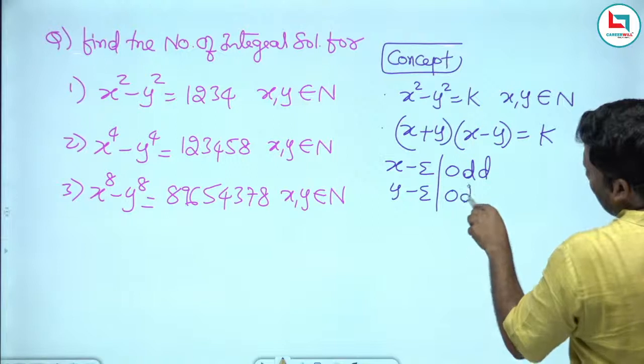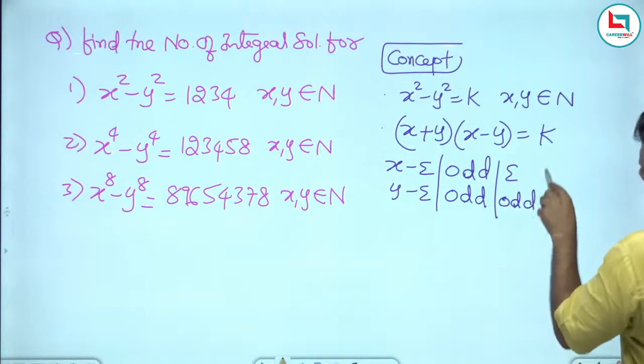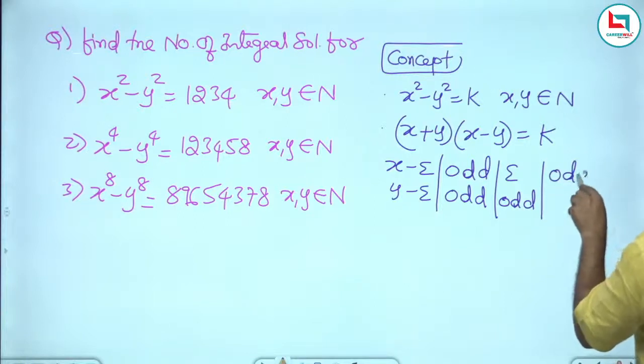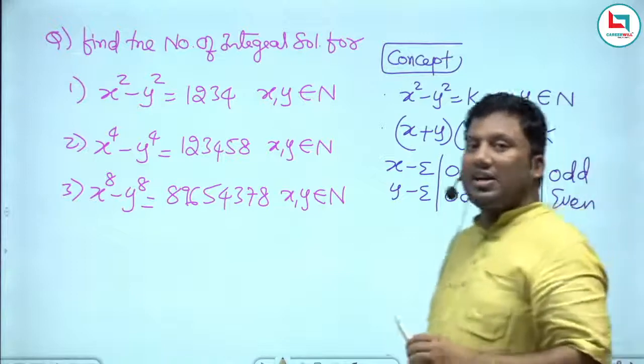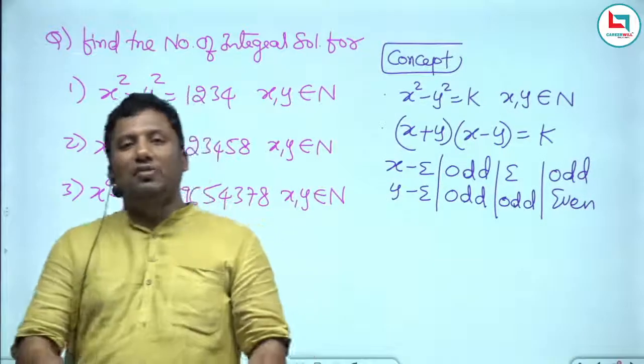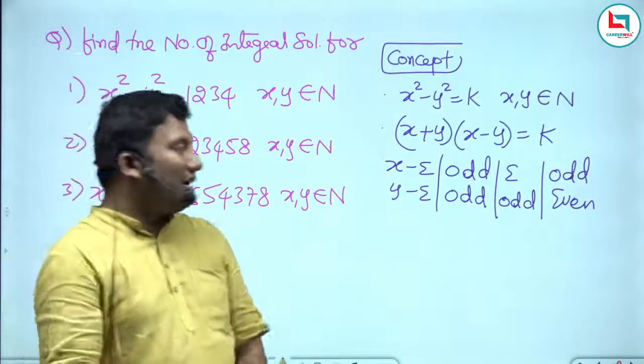Listen carefully, sir. x can be even, y can be odd, or x can be odd, y can be even. These are the 4 cases. Because x and y are natural numbers, both of them can be even, both can be odd, or one can be even and another odd.